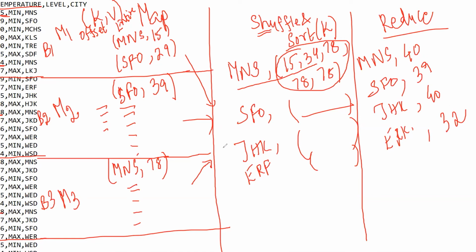Pardon my handwriting, it's not so good, but I hope it's readable. So that's how all these three phases happen. First the map phase, then shuffle and sort, and then finally the reduce phase, wherein you get the output for your use case.